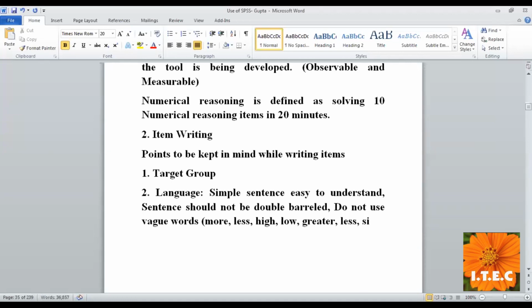Okay. Simple, difficult. Don't use such type of words, because when you say more or less or high or low or greater or less than, people do not understand. Why? Because they don't know the criteria of saying more or less.